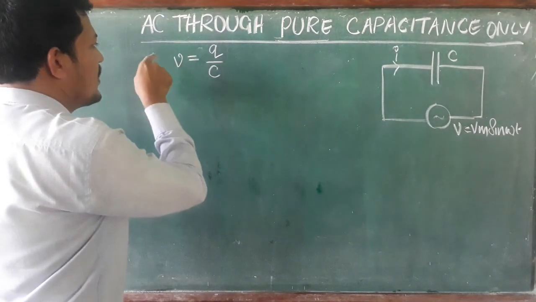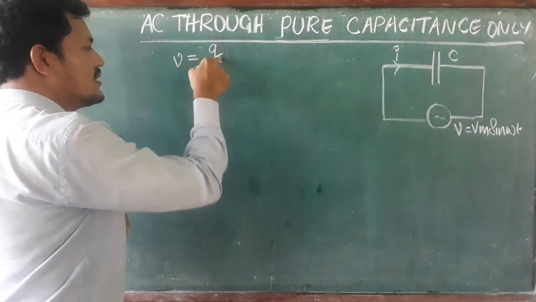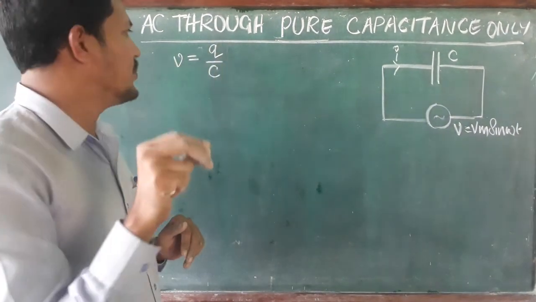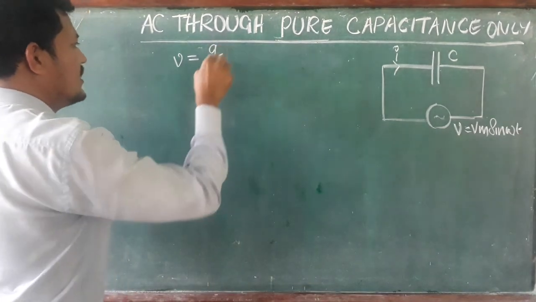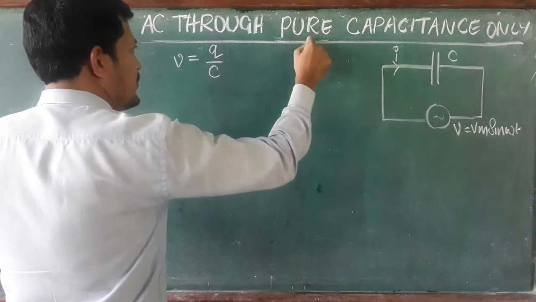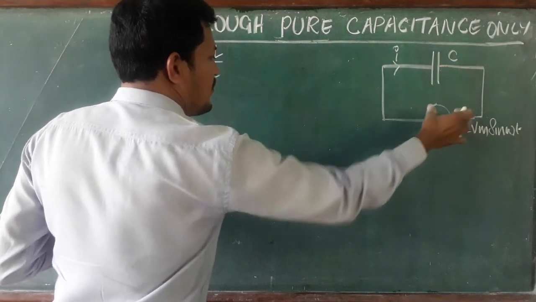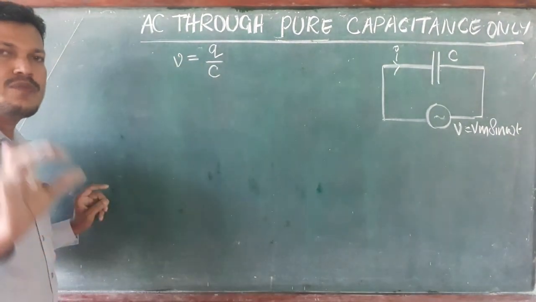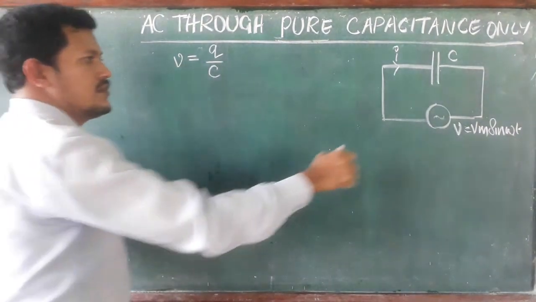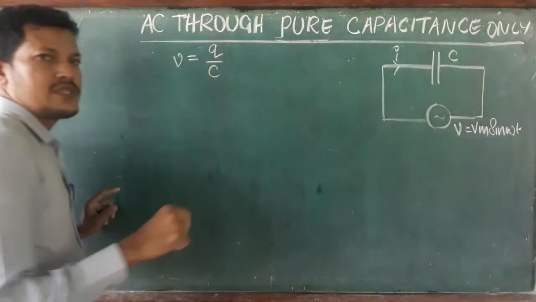So V equals Vm sin omega t, its capacitance value is C, and the charge in the capacitor is Q. As it is pure, how much voltage appears across the capacitor is the same as the voltage applied from the source, and its sign is also opposite.